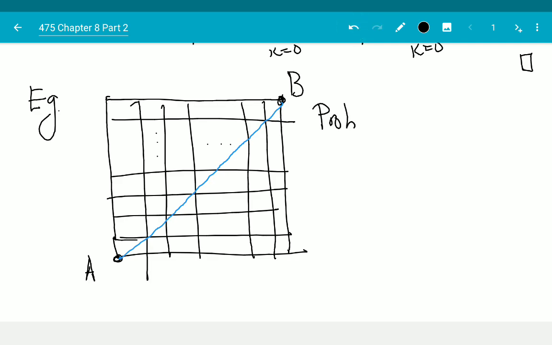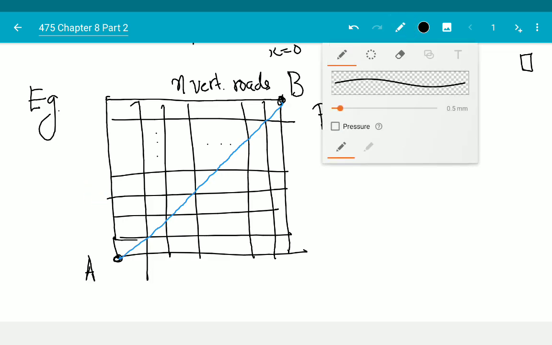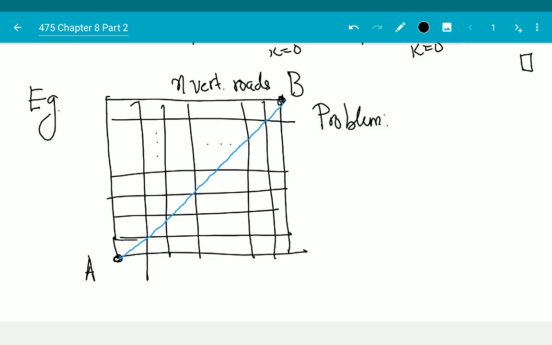Problem: n vertical roads and n horizontal roads.